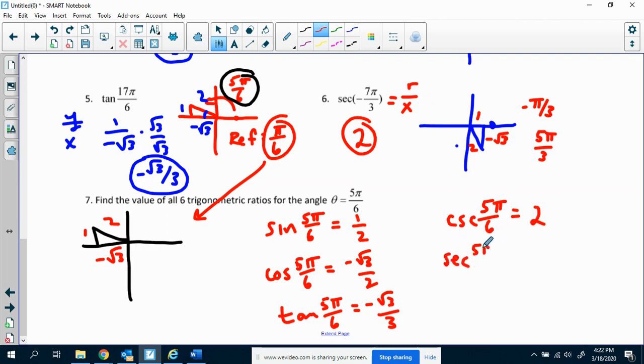Secant of 5 pi over 6 is going to be 2 divided by negative root 3, which if I did a FFU and multiply the top and bottom by root 3, I'd get negative 2 root 3 over 3. And cotangent of 5 pi over 6 is just negative square root of 3, because that's x over y, and x is negative root 3 divided by 1.